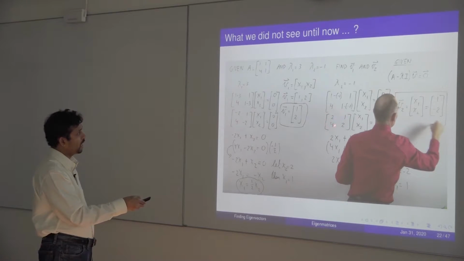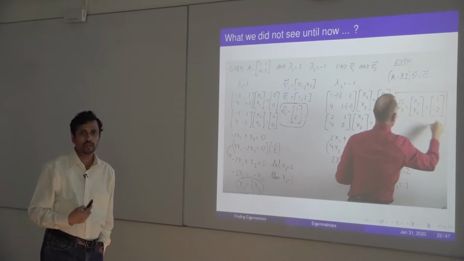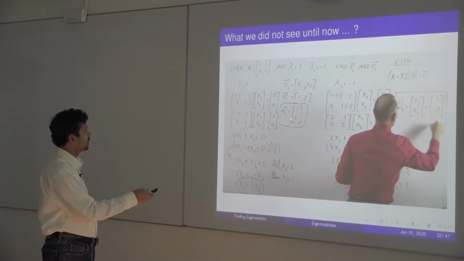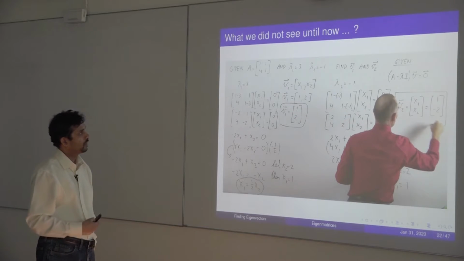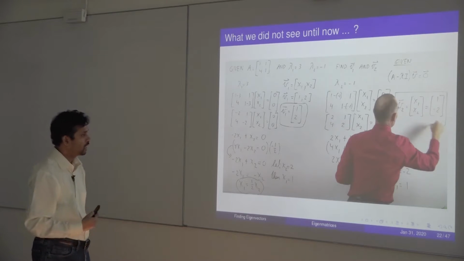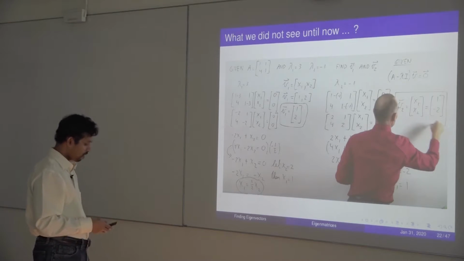For example, this is also an eigenvector for lambda 1 equal 3, and this is also an eigenvector for lambda 2 equal -1. So our argument is that all the rest of the steps are not necessary, because the eigenvector is simply sitting there. That's what we're going to explain in the rest of the talk.